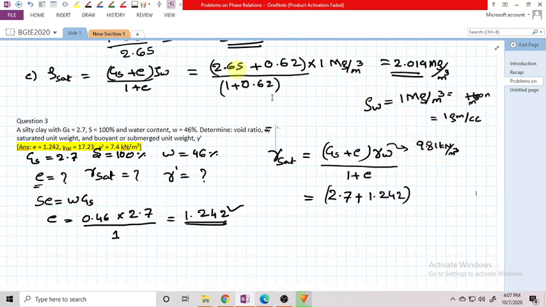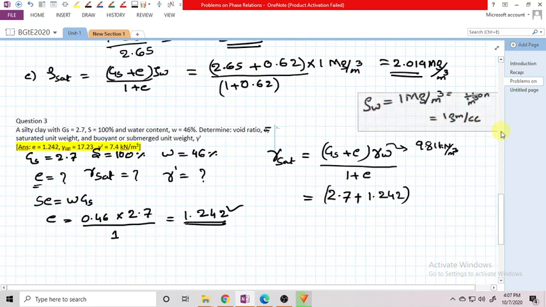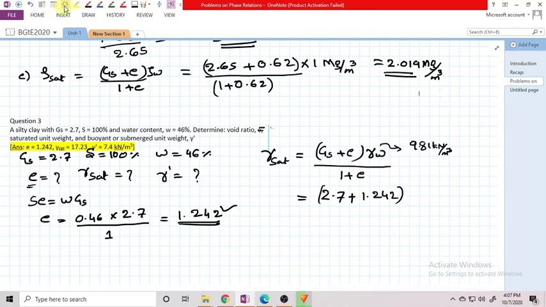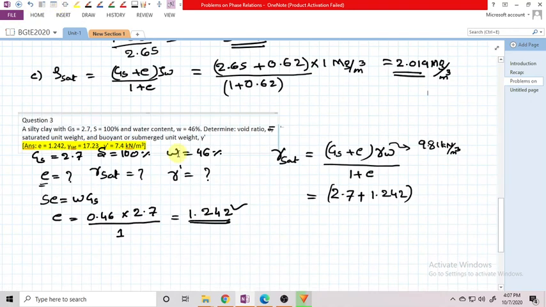Sorry, let me write this properly here. So delete this. What I was telling is, see here, I am using unit weight of water, which is 9.81 kilonewton per meter cube.